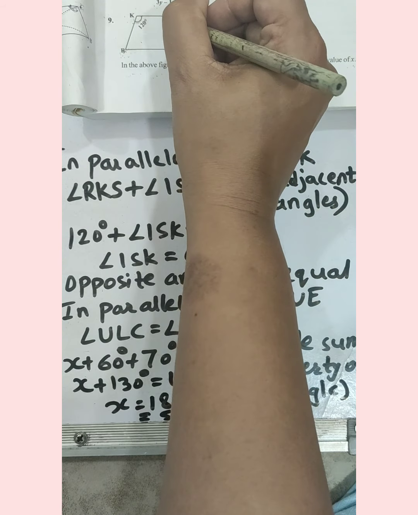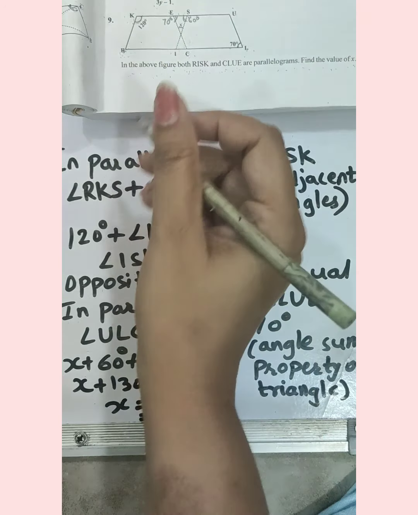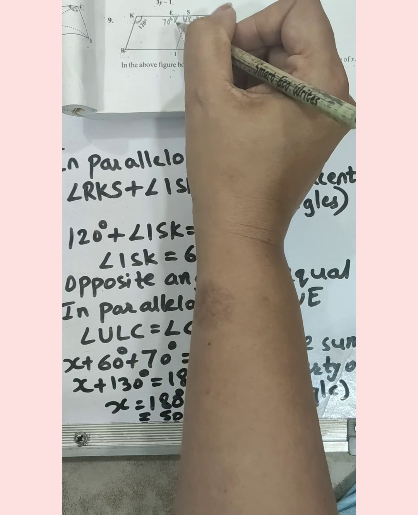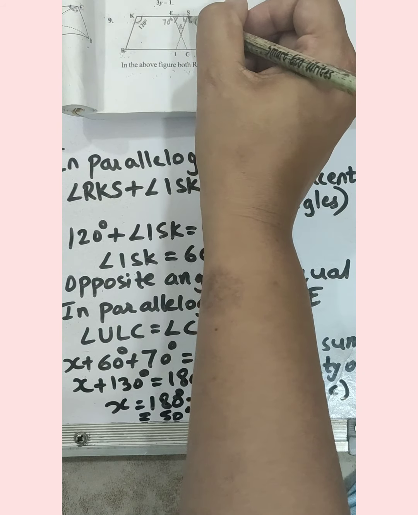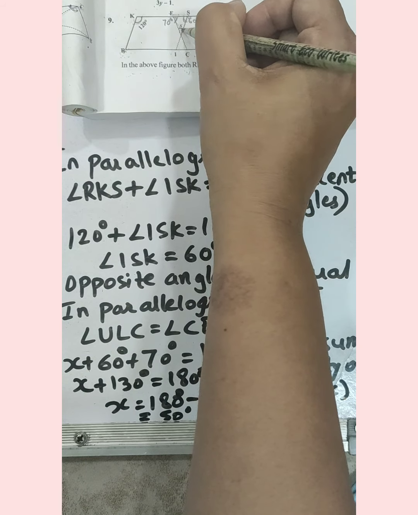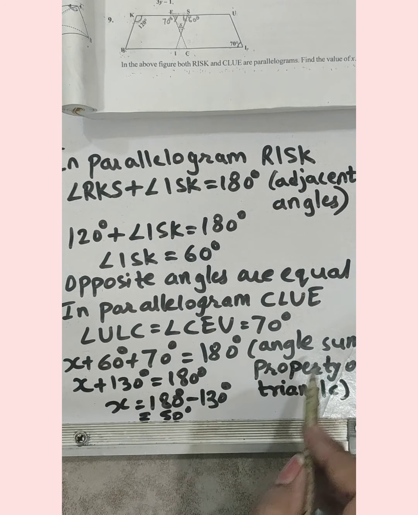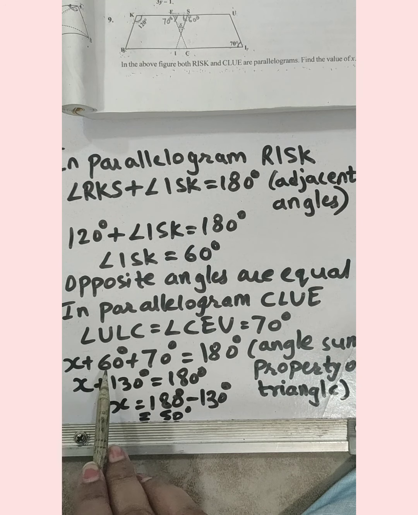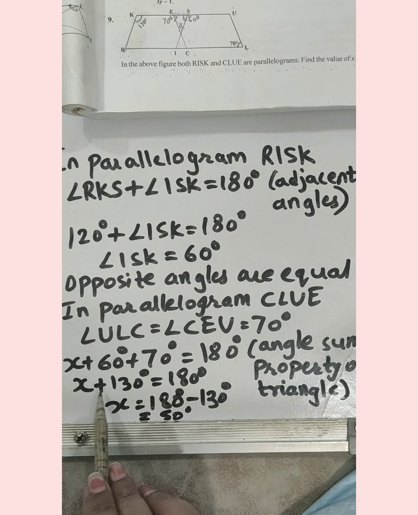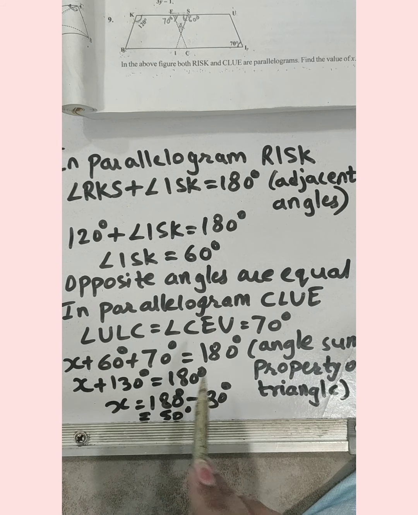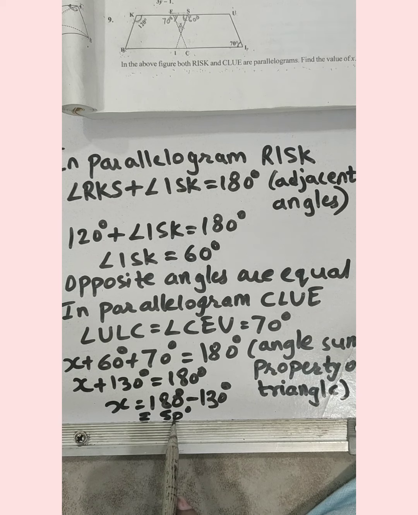So I can write this as 70 degree. Now if I observe, this will make a triangle in which two angles I know and I have to find the value of x. So according to the angle sum property, I can write x plus 60 plus 70 is equal to 180, which will give me x plus 130 is equal to 180. So my value of x will be 50 degree.